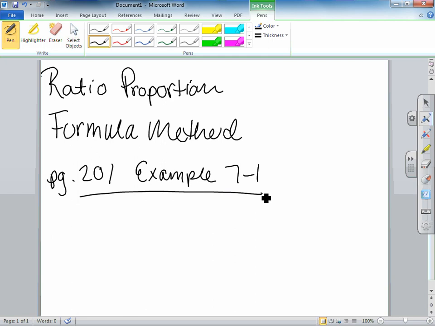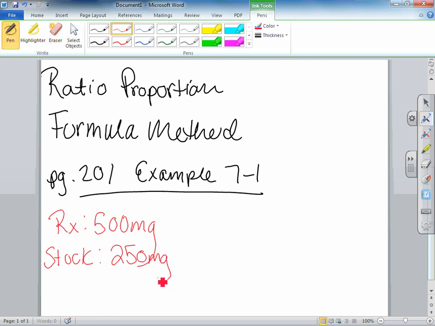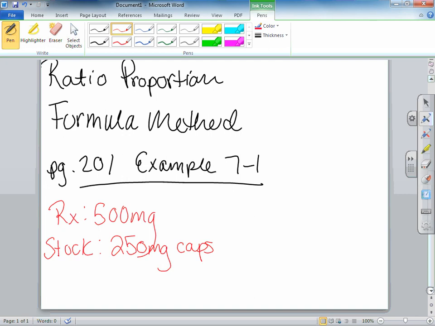So this order reads, I'm going to put Rx, 500 milligrams, and the available medication, which means what you have in stock, is 250 milligram capsules. I'm going to summarize it as caps.